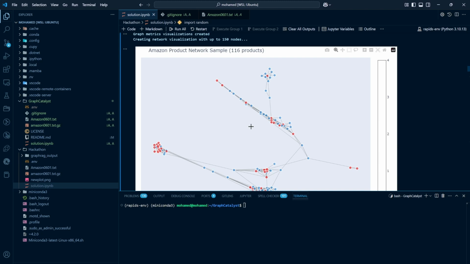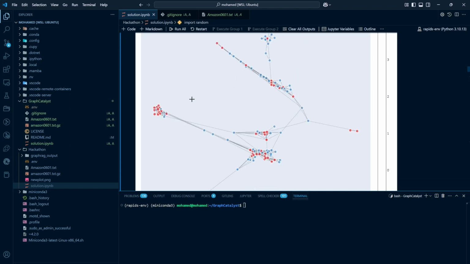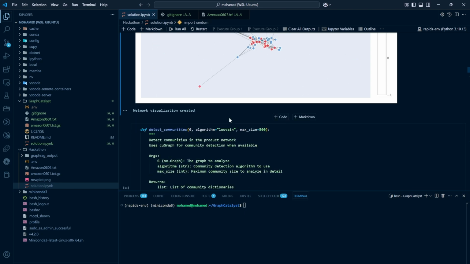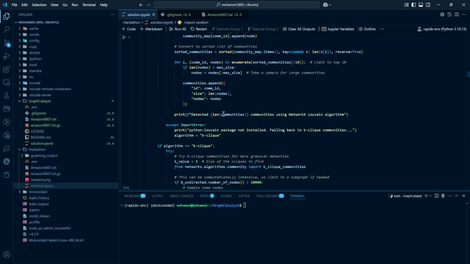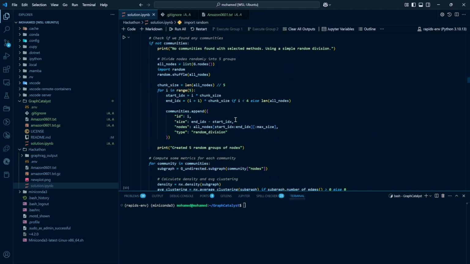The connections between clusters represent bridge products that span multiple categories, and these are strategic products for cross-selling initiatives.